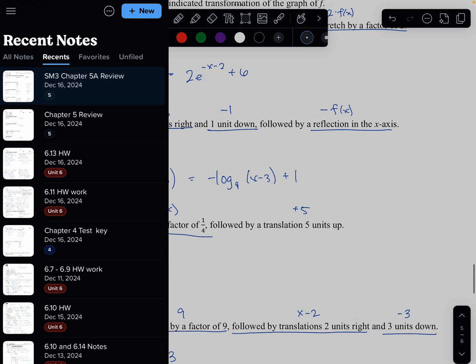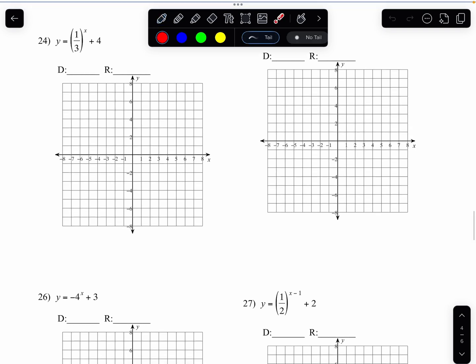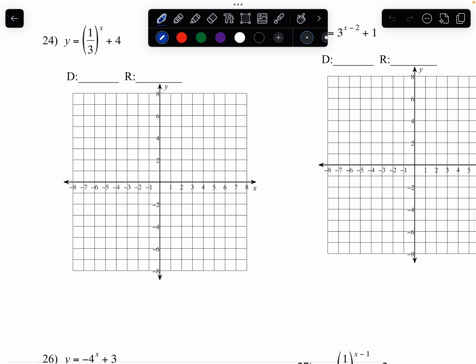Okay, and then let's go on to the graphing. So I'm going to start with the exponentials. So this one is an exponential decay graph because this is less than 1, and with a base of 3, that means it's tripling. So I always start my initial point right here as 1, and then that needs to triple, so 3, and then the next one would be 9.